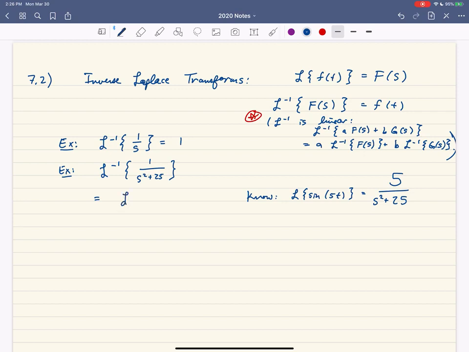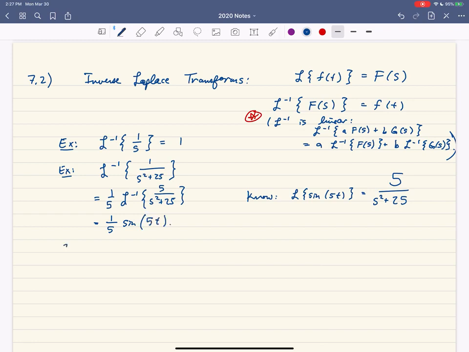I can put a 5 upstairs at the cost of bringing a 5 out. And so if I put a 1 over 5 in front, times the Laplace transform of 5 over s squared plus 25, this is going to be 1 over 5 times sine of 5t.